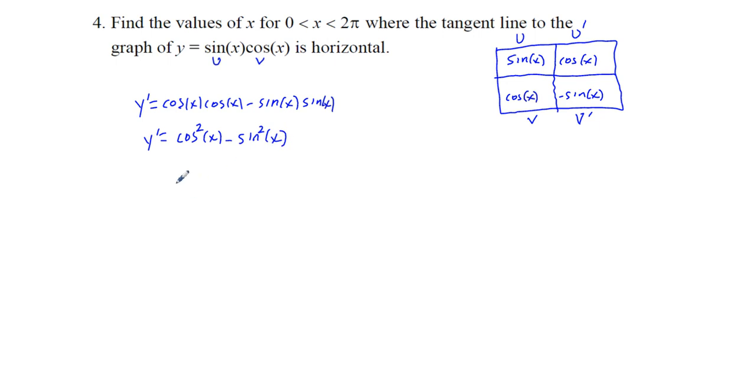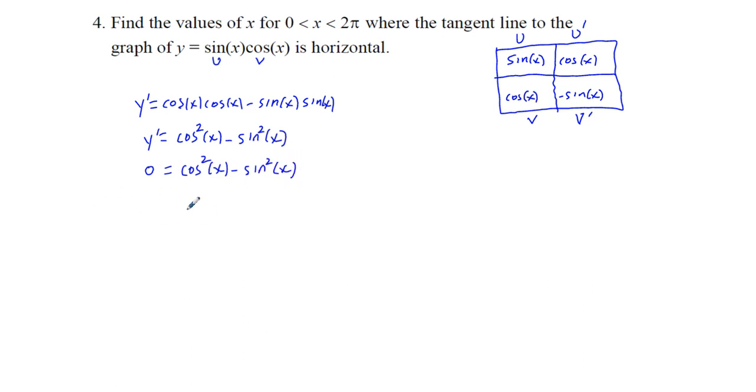And if we set y prime equals 0, which is what we need to do to find where we have a horizontal tangent line, we have 0 equals cosine squared x minus sine squared x.